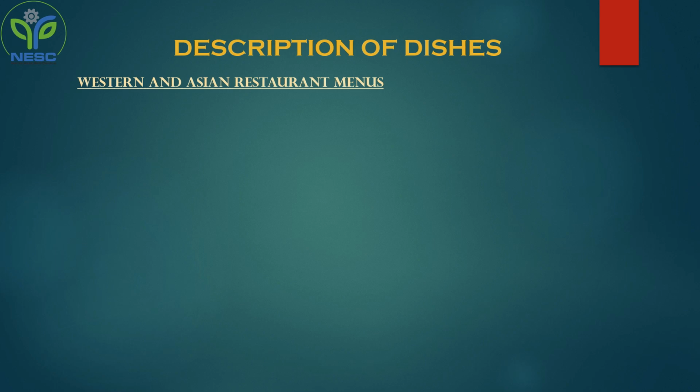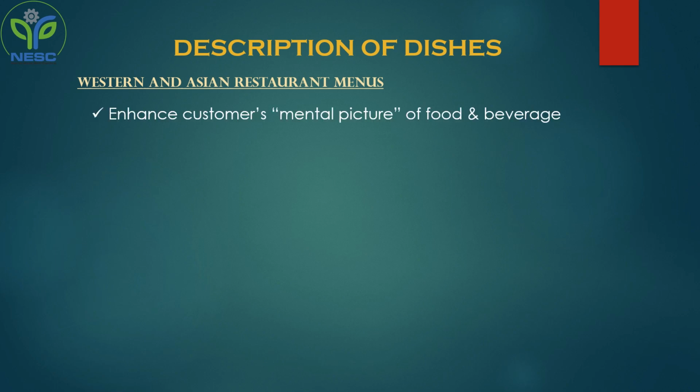Now we will move on to the next objective: description of dishes. In this topic we will primarily focus on Western and Asian restaurant menus. So what happens when you, as service staff, can give the guest a good description of the dishes? They will like it, right?